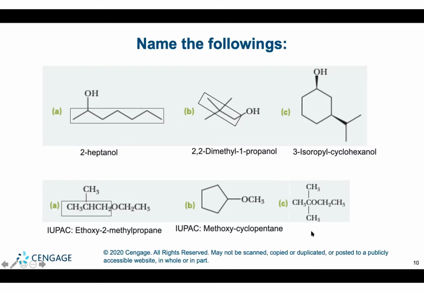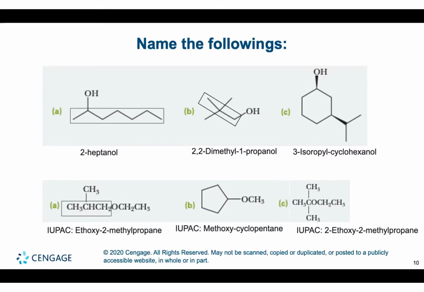What about the last one? What's the longest chain, guys? First, we should find the longest chain here. The longest chain is 3 carbons. Either you can choose this one as the longest chain, which has 3 carbons, or this one that I'm pointing to is going to be the longest chain of carbon, the root name. But when we write them down, we should go based on alphabetical order.